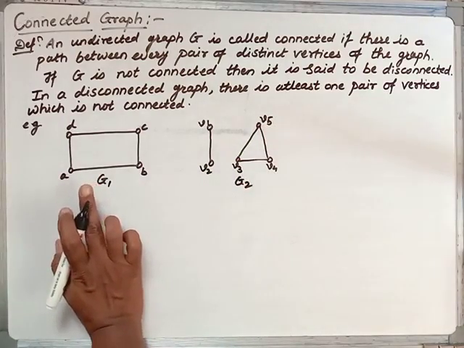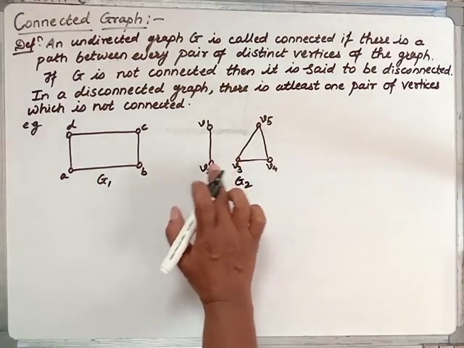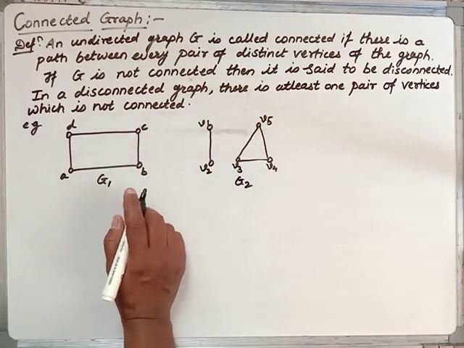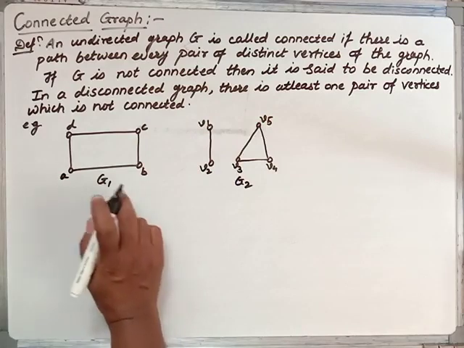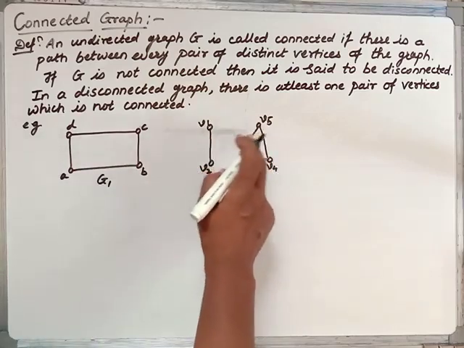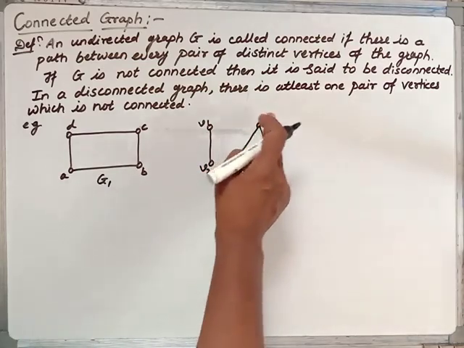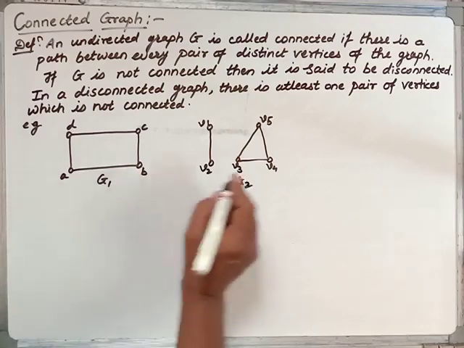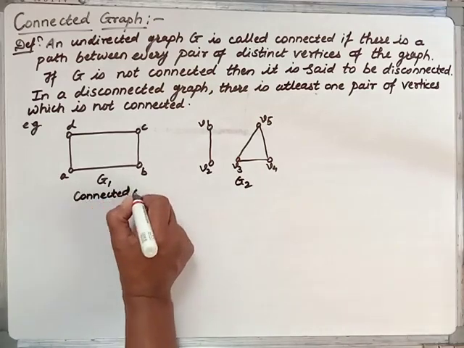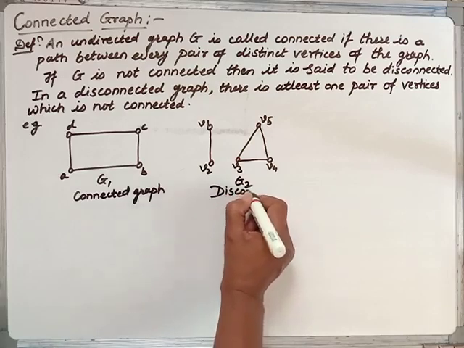So here this G1 is connected and G2 is disconnected. There is no path between V2 and V3. Also from V1 to any other vertex, right? So it has 4 vertices, 4 edges, but here this doesn't have a path in between these vertices to any other one. V2 to V3, V2 to V4, V2 to V5, there is no path. That's why this is disconnected. This is a connected graph, and this is a disconnected graph.